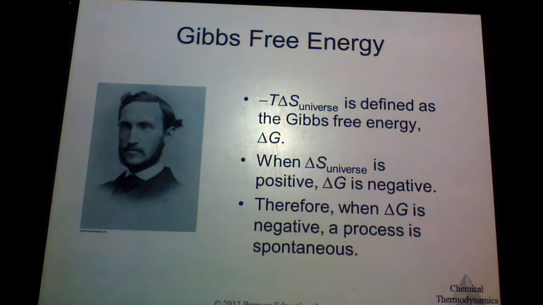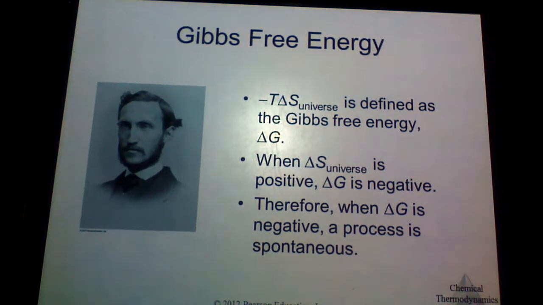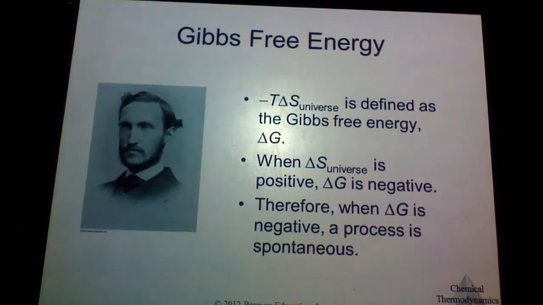Now, what does G really indicate? G is really just another way to talk about entropy for the universe. So if the entropy of the universe is positive, delta G is going to be negative. That's because if delta S is positive and delta G equals negative T times delta S, then overall this entire thing has to be negative.